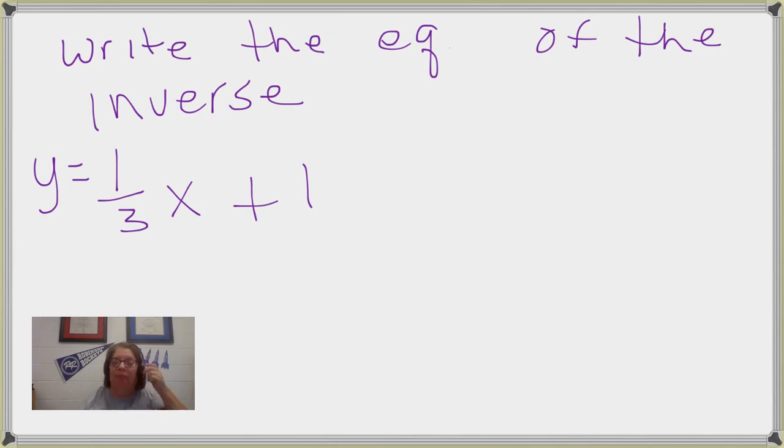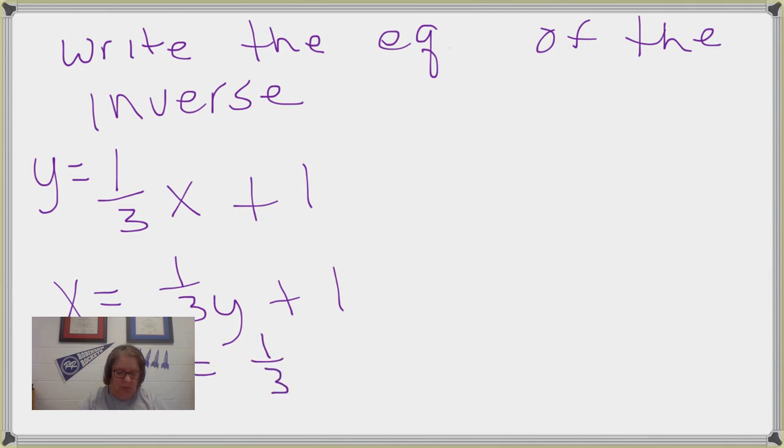What's the first thing we're going to do? Switch. What are we switching? The x and the y. x equals 1/3 y plus 1. Now what do we get to do? We did switch. What's after switch? Solve. So with solve, we're going to get the y by itself. How do I get rid of plus 1? So x minus 1 equals 1/3 y.